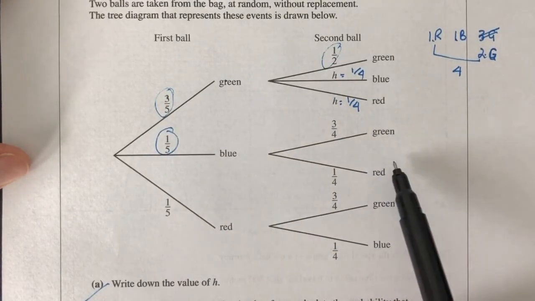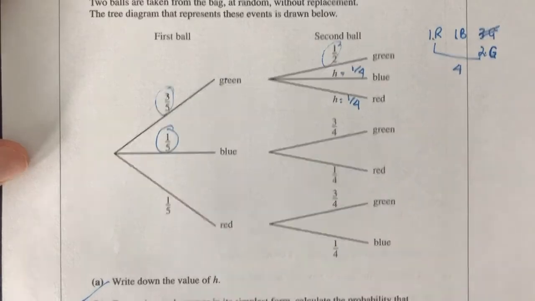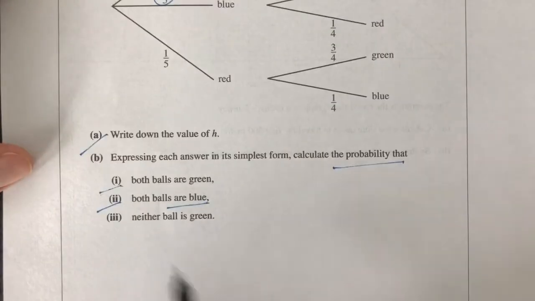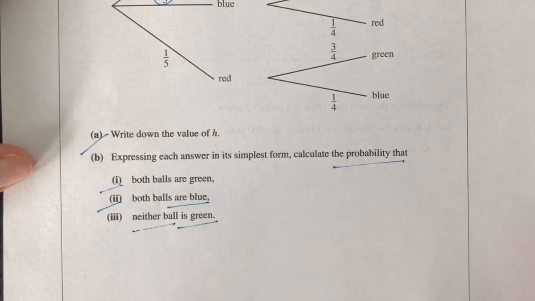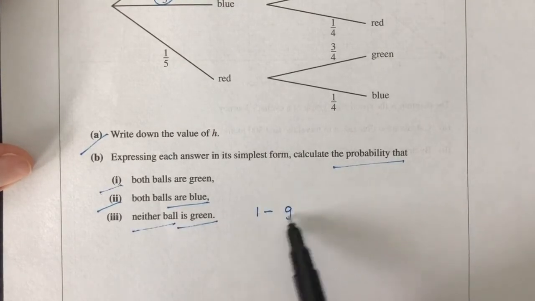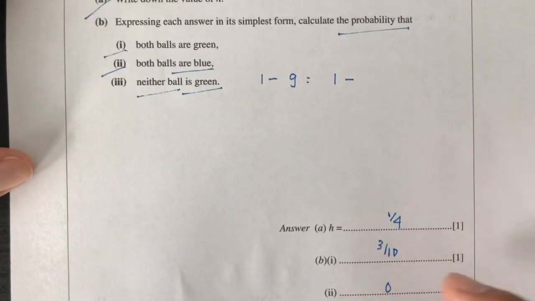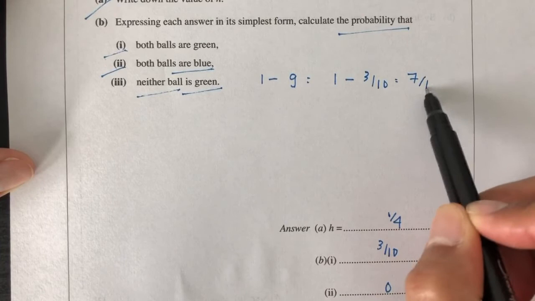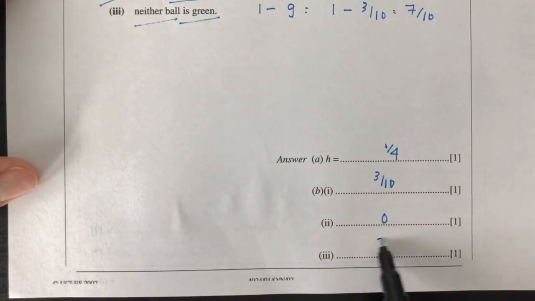We don't have blue here, so it will be 0. And the last one, neither ball is green. So we do 1 minus green. So 1 minus green was 3 over 10. That will be 7 over 10. Okay, so that is your answer for question number 21.